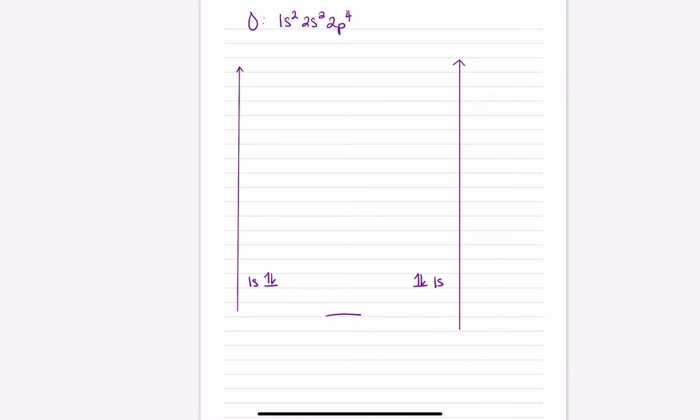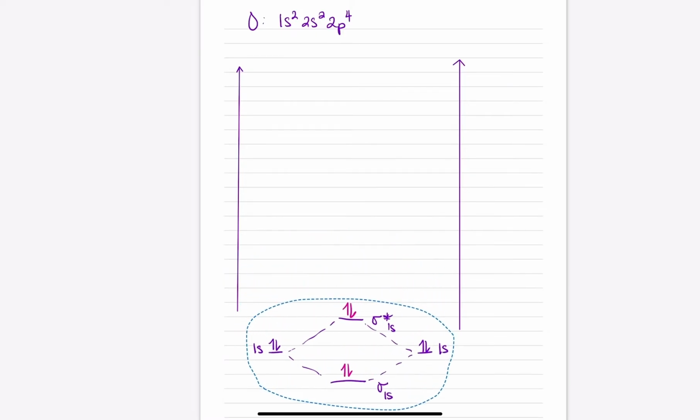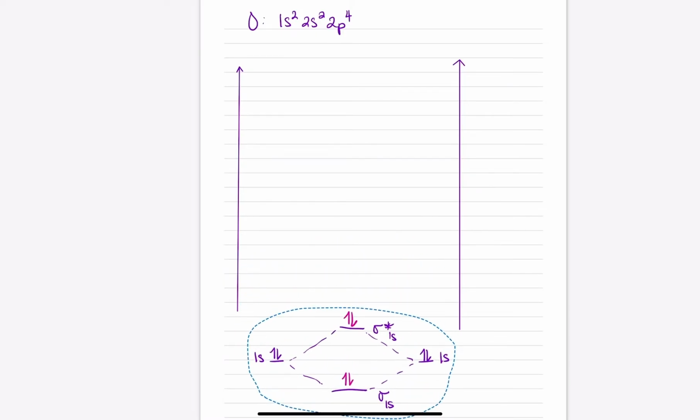It's going to form a bonding and an anti-bonding: sigma 1s, sigma star 1s. Fill in my electrons, 1, 2, 3, and 4. Probably going to need a lot more space because I don't know how to write these small, so I'm going to move that down.